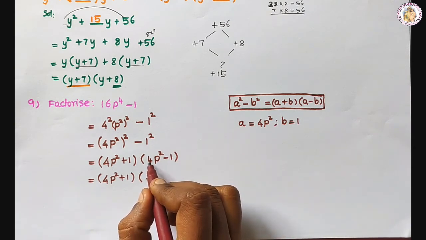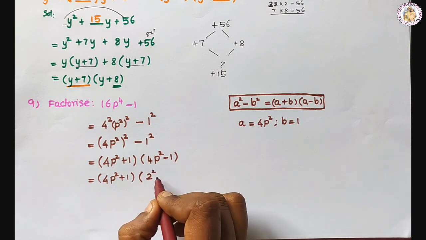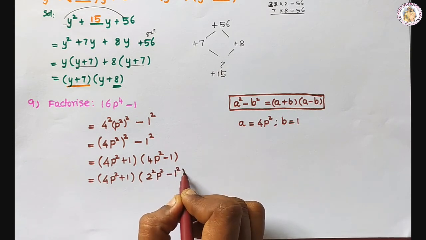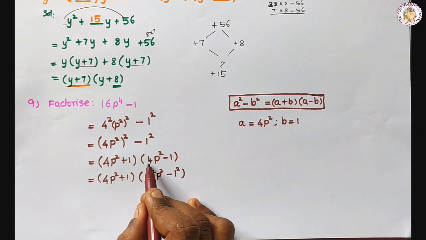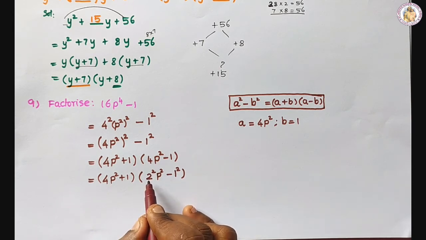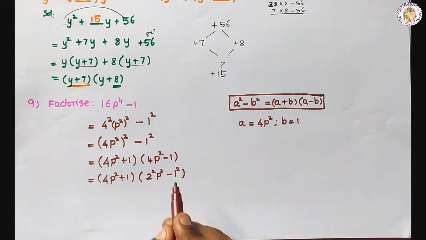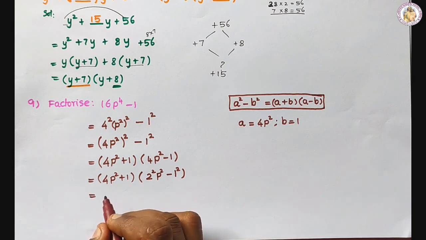Like this, 4 can be written as 2 squared and p squared minus 1 can be written as 1 squared. Again we apply the identity.